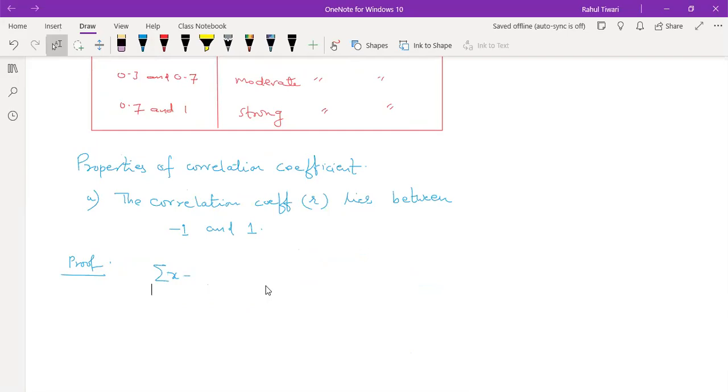This is called Cauchy-Schwarz inequality, and using it we have this relation.